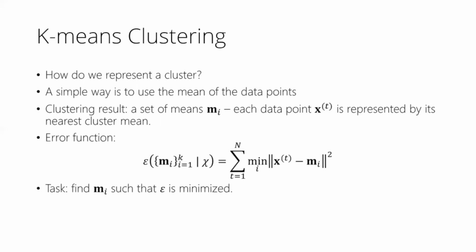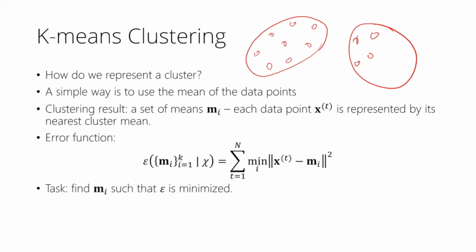So k-means clustering begins with the idea of representing a cluster using the mean of the data points. Okay, so the idea is pretty simple. I love to use this metaphor of electing a representative, like in politics in human society.